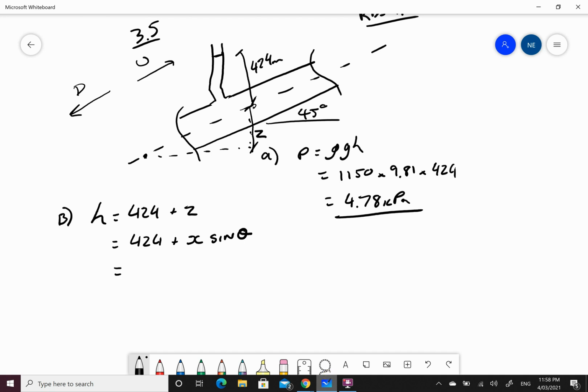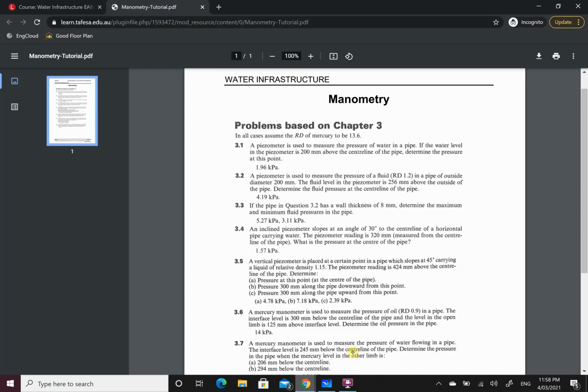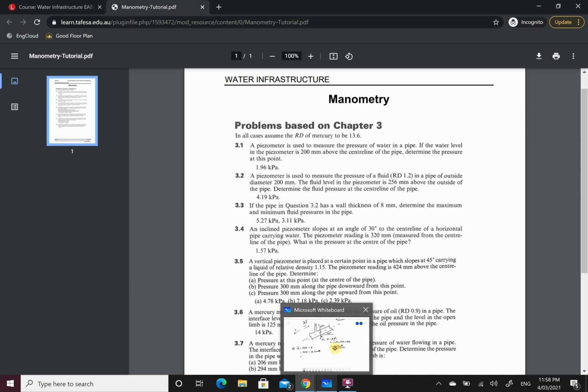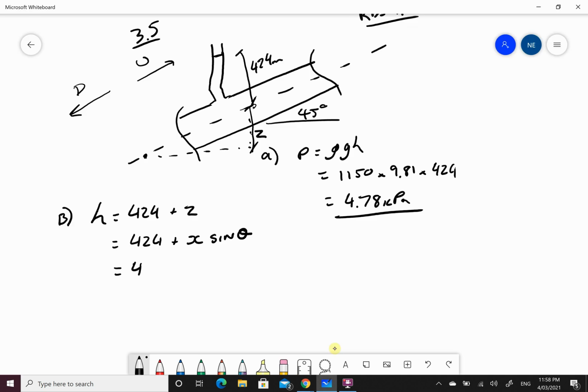I'm moving 300 millimeters down, so 300 is my X: 424 plus 300 sine of 45, which means my new H is 0.636 meters, converting it back to meters.